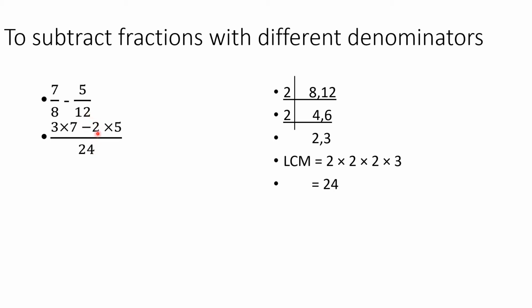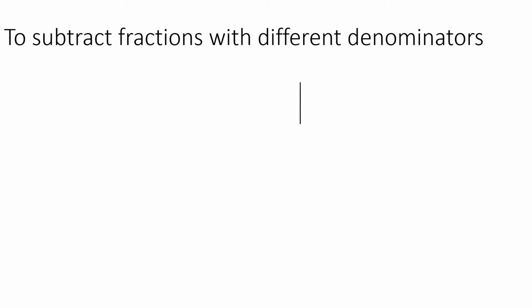We will write 2 here, multiply this numerator. Now 3 sevens are 21 minus 2 fives are 10, by 24. So 21 minus 10 equals 11 by 24. It is a subtraction.